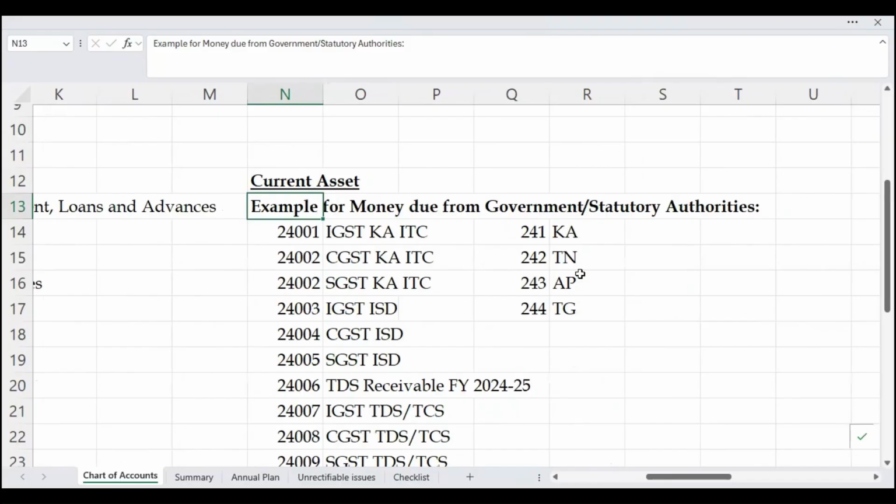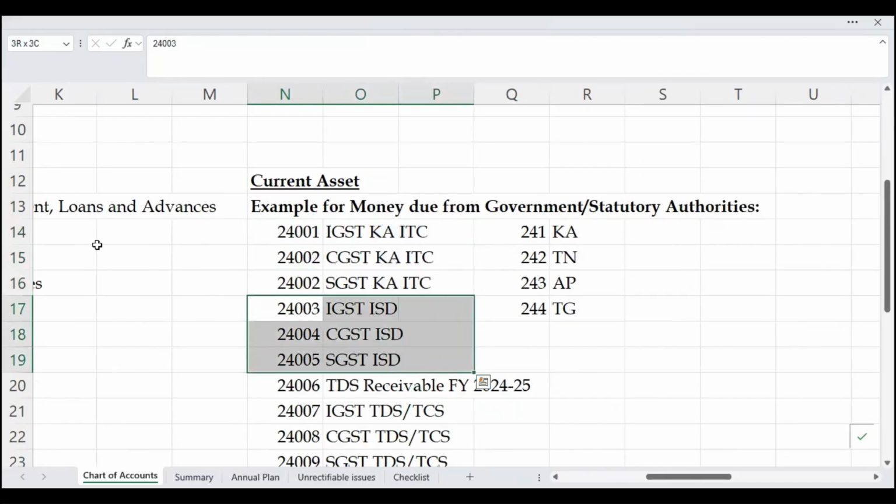Now, how can I have GL coding? So input tax credit. My input tax credit, IGST, CGST, SGST, I have this GL code. Similarly, input tax credit on account of ISD. I have 24032, 24004, TDS receivable from income tax authority.